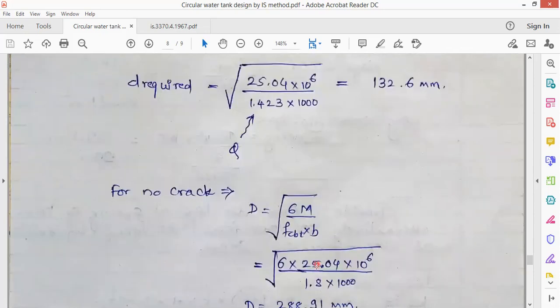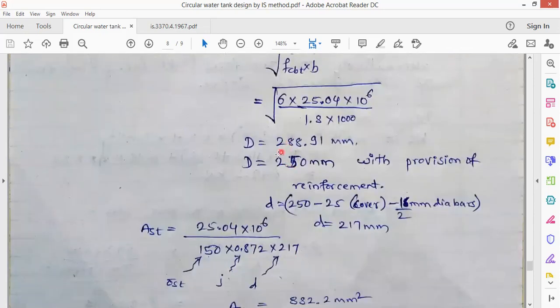So I will neglect this smaller value, I will consider this 288, but with a provision of reinforcement, as I am providing the reinforcement even though it is supported by the earth. So I will reduce the thickness to 250 mm with the provision of steel.